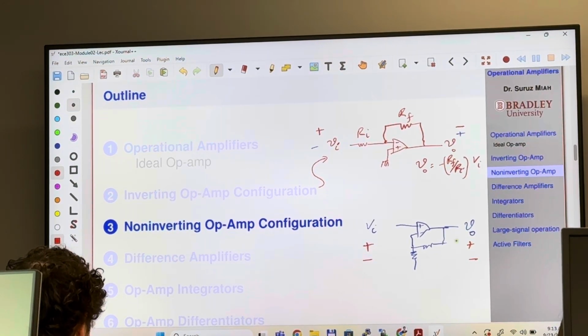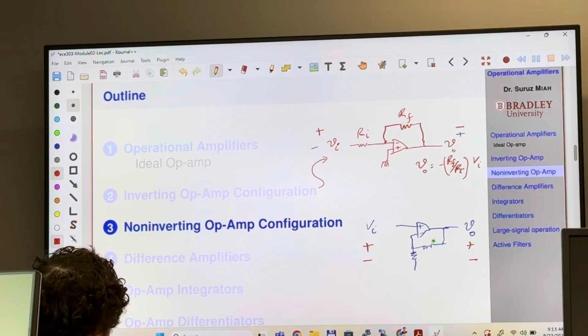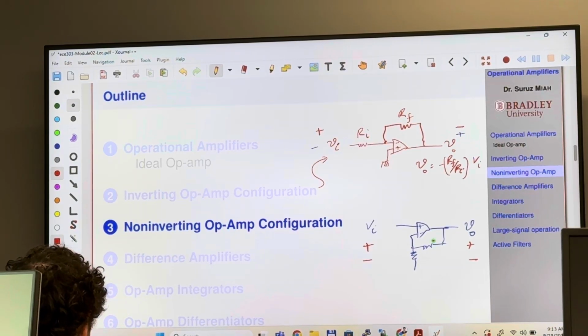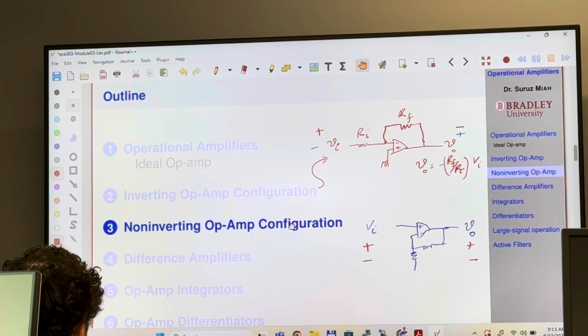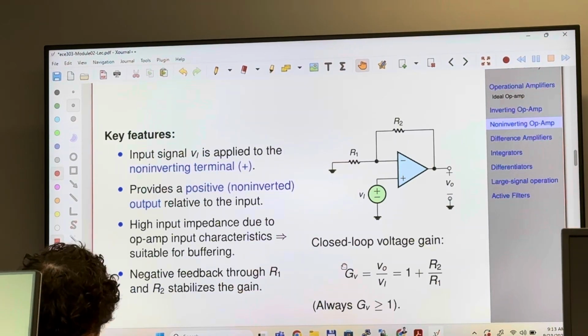And because it is an amplifier, the output is going to be multiplied by a certain constant. Is that clear? Okay. So that's the main idea behind the non-inverting operational amplifier. If you look at this word, non-invert, it means that it does not invert the signal. So let's move on here.